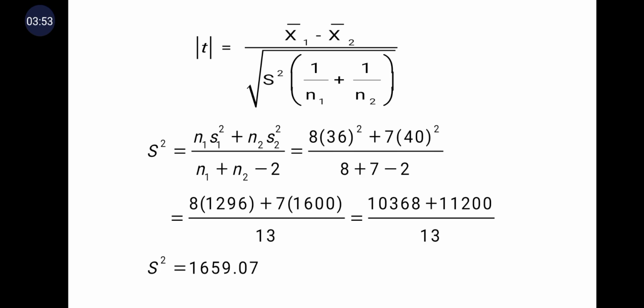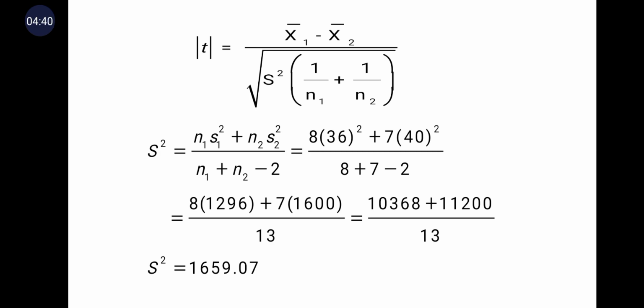You have to calculate this. There is only one formula: x1 bar minus x2 bar, divided by the root of s squared into 1 by n1 plus 1 by n2. Here s squared has a formula: n1 s1 squared plus n2 s2 squared, divided by n1 plus n2 minus 2. You have to simplify this formula.